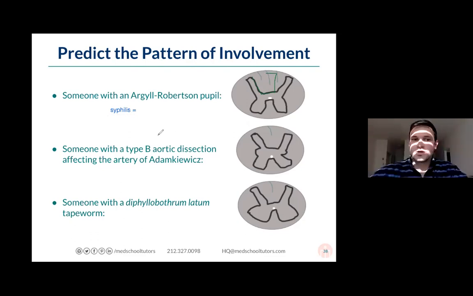Great, okay. Someone with a type B aortic dissection that affects the artery of Adamkiewicz. Everyone's like, what? So remember at the thoracic cord, yeah, anterior spinal artery, awesome, right? So Samantha, excellent. Everything except for the dorsal columns, the anterior spinal artery is going to do this pattern here.